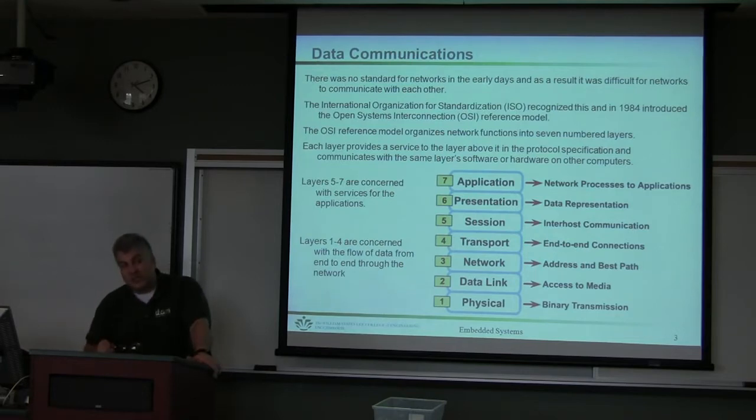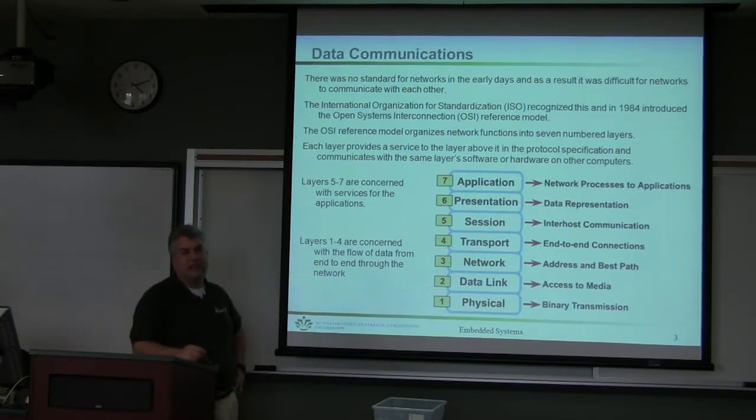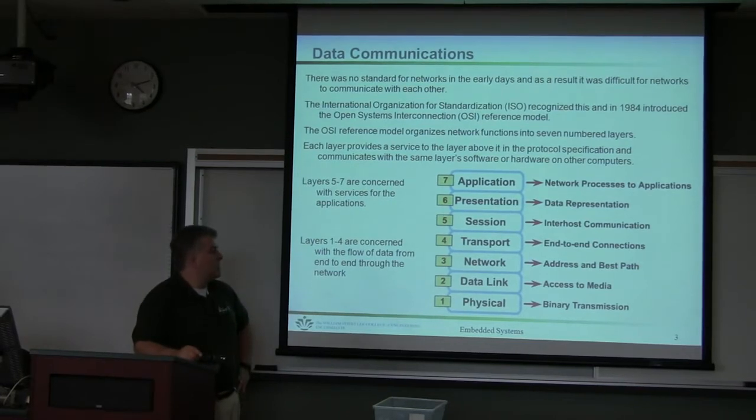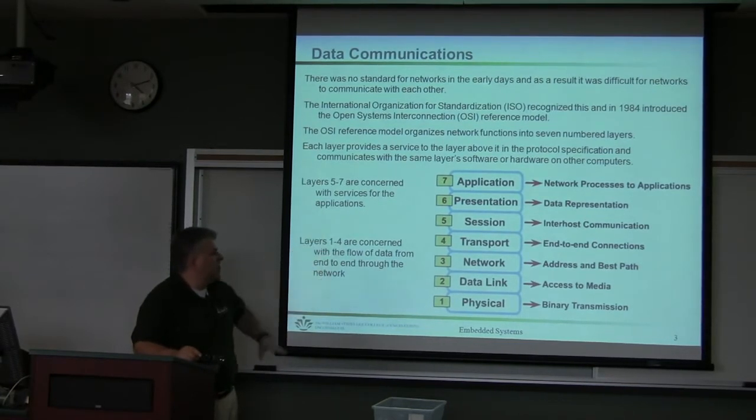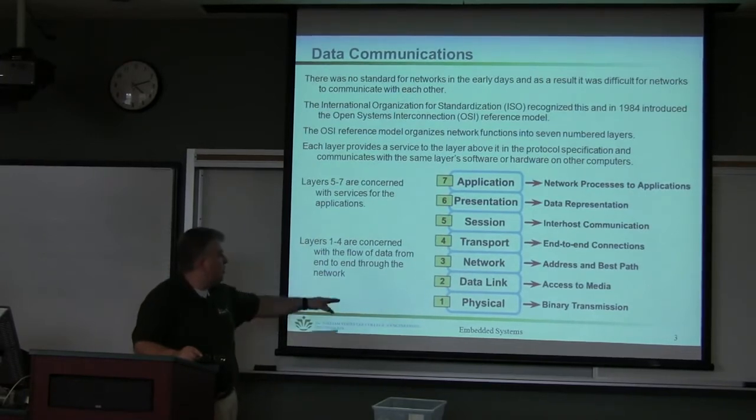But you should know it exists because, for example, applications will use that extensively. It's good to know that there are some other layers associated with the top ones associated with services for different applications, and then 1 through 4 are usually layers associated with actually transmitting the data intermediately.